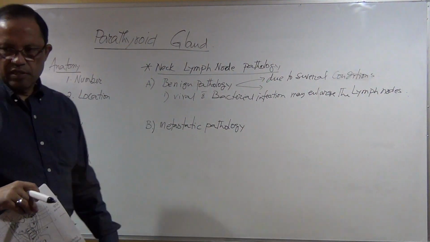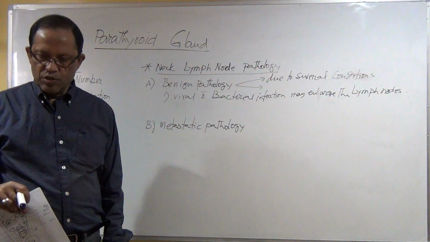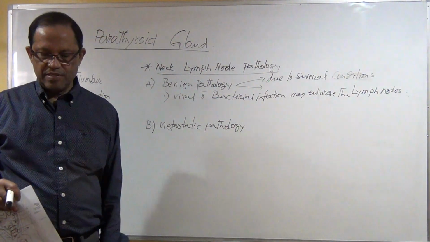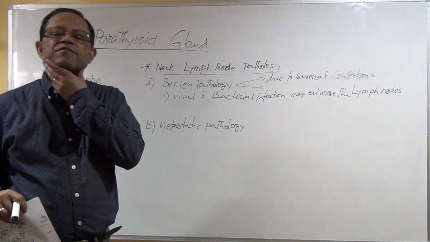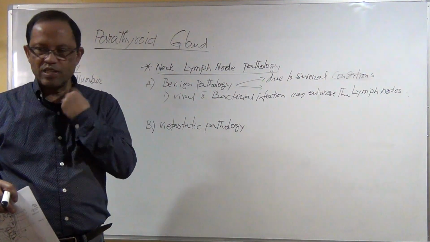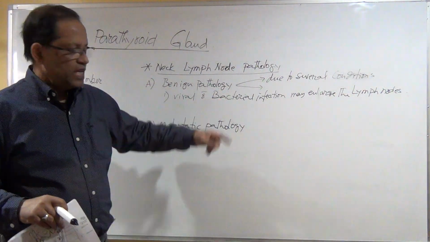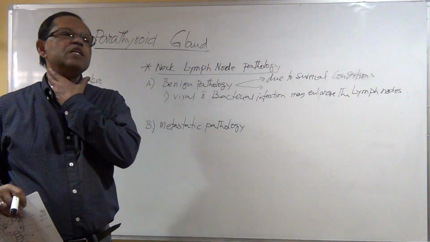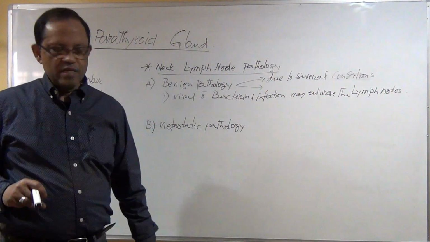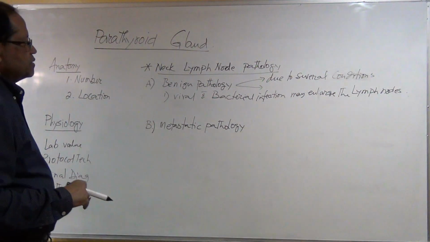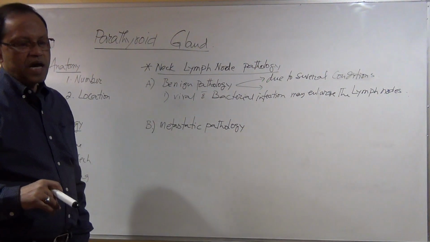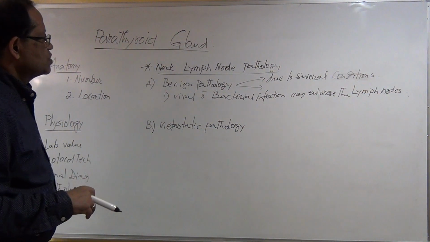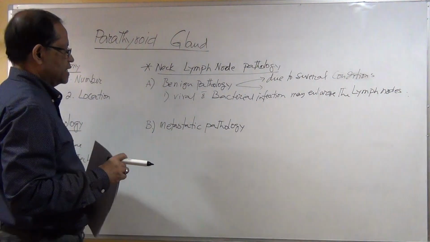For example, viral: mononucleosis is a virus. Sometimes a viral upper respiratory infection causes lymph node enlargement. Bacterial, like tuberculosis, causes lymph node enlargement. Sometimes malaria, filaria and kala-azar, which are parasites, can cause lymph node enlargement in the neck.